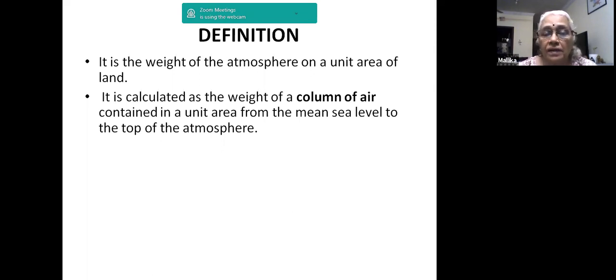People initially used what is known as a mercury barometer, which was a tub of mercury, into which a 1 meter long glass cylinder was heated up so that the air disappears from it, and it's more or less a vacuum, and then immediately it is immersed into the mercury.